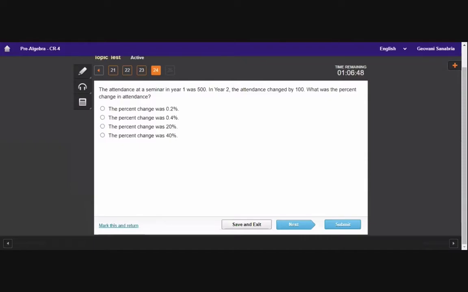So I can do the 500 and just add the percentages and see which one then gives me 600. That's the one that you're looking for. I think that's the 20%, right? Because that 40 gave me 200. 500 plus 20%. Yep.